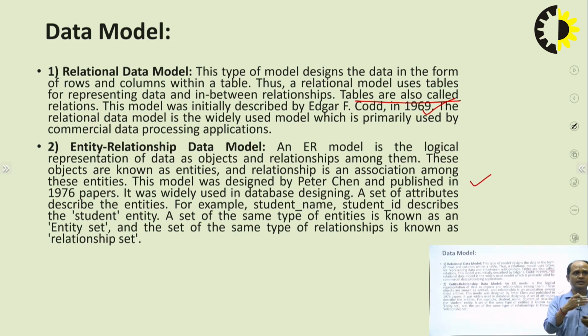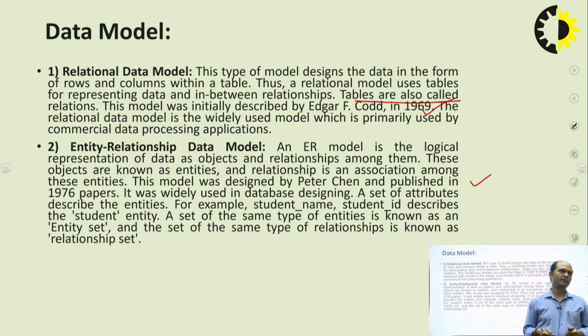After the relational model, we developed the entity relationship model. What is an entity? An entity is a real-world thing that exists in nature, and entities must be related with each other. We create the model and relate the entities. This is called the entity relationship model, invented by Peter Chen in 1976.